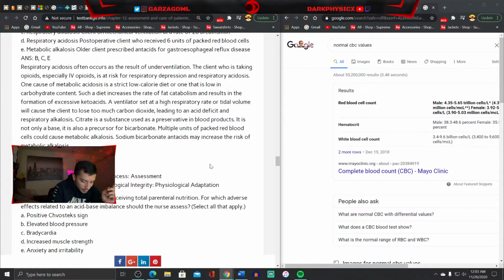Increased heart rate, so it's not bradycardia. Elevated blood pressure? Sure. It's hypotension.